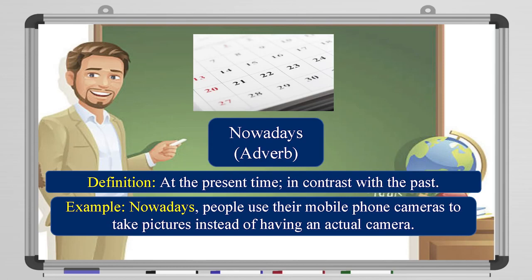In the past, our parents or our grandparents used to use actual cameras to take pictures. Remember those very small square pictures, and they used to blow on it so it would appear? So in the past, they used these cameras, but nowadays we use our mobile phones. The example again: nowadays people use their mobile phone cameras to take pictures instead of having an actual camera.